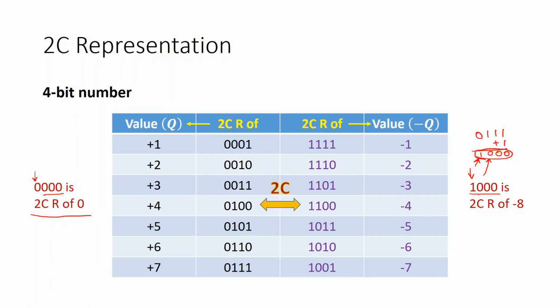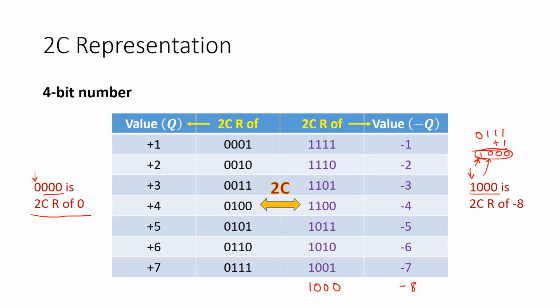This is the problem of the extra negative number which happens in case of a 2's complement representation. However, I am assigning this as -8. Why? Because I am looking at the series of numbers which are coming one after another, and from this I have the idea that if I have 1000 here, this would be -8, and the complement of the number 1000 is again 1000. So the complement of the quantity -8 is again -8.